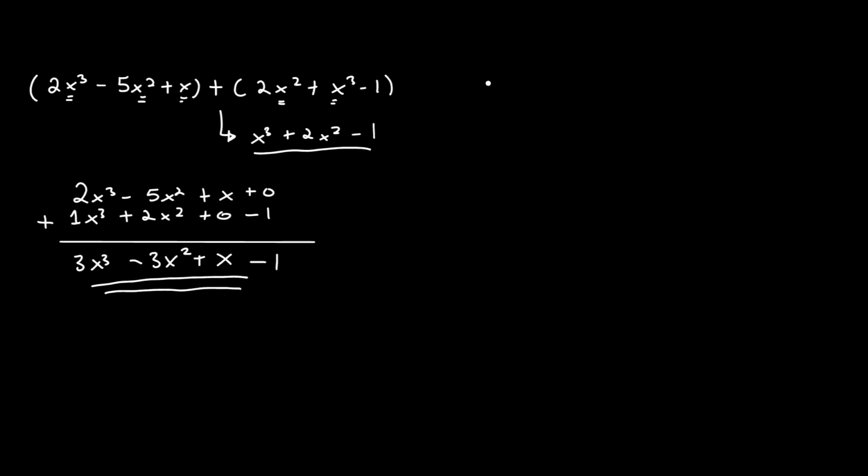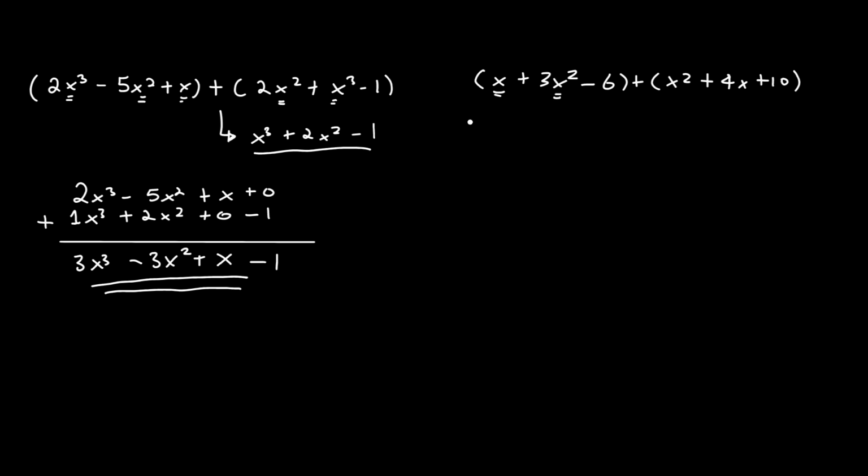Let's look at another example. You can pause the video and solve it by yourself or simply follow along. Okay, first thing we need to watch out for is the degree.